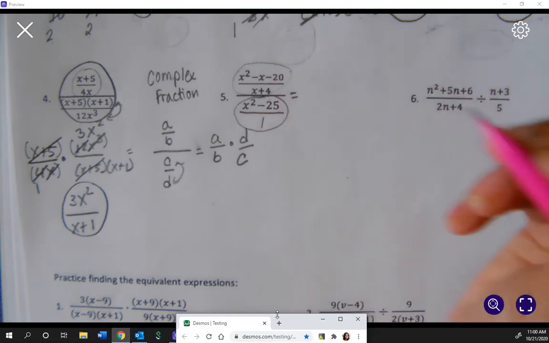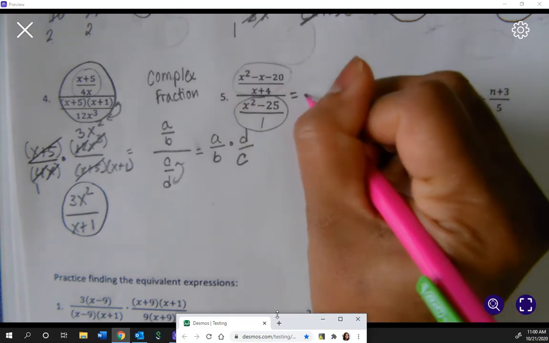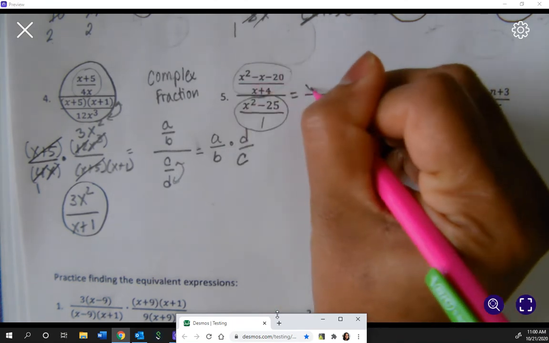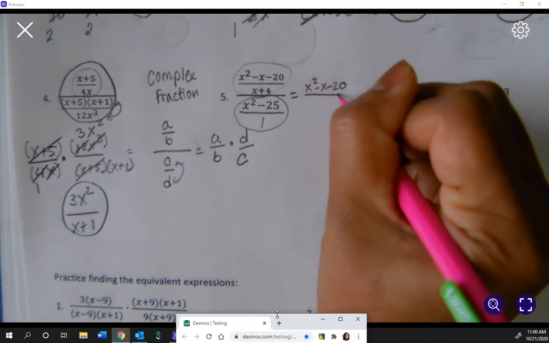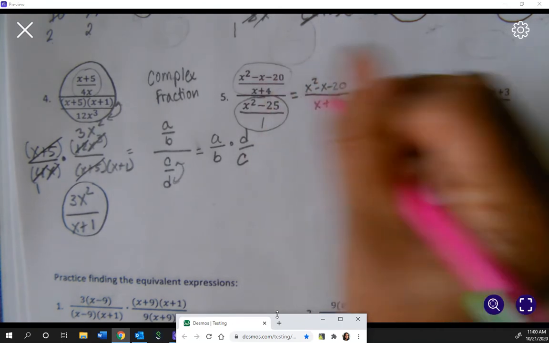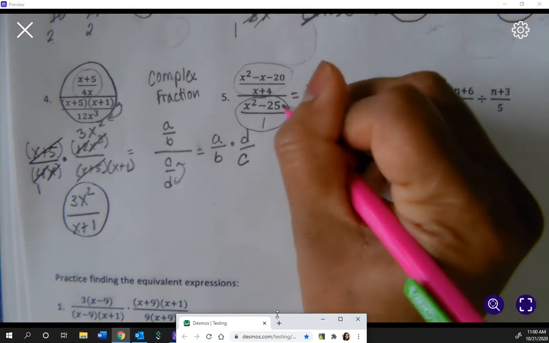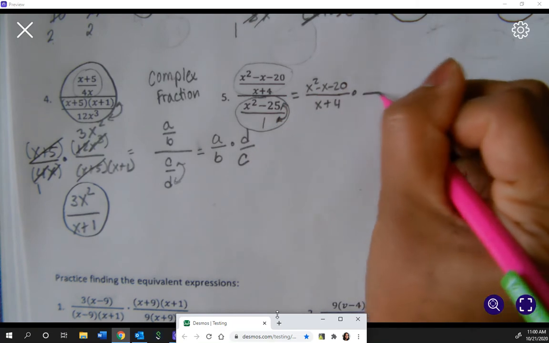So this is equal to, keep the numerator. So that is just x squared minus x minus 20 over x plus 4. Change the division to a multiplication, and we're going to flip the denominator.